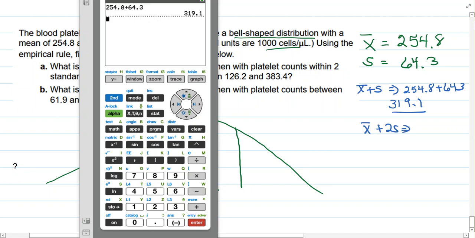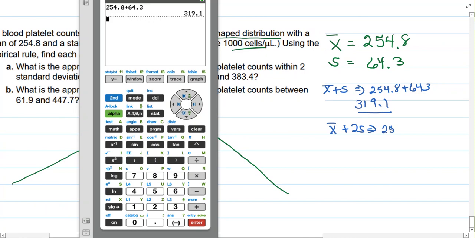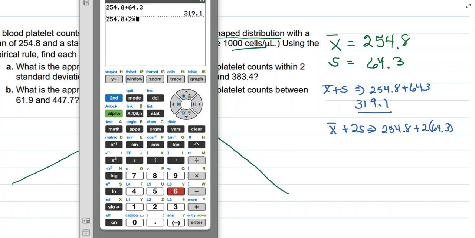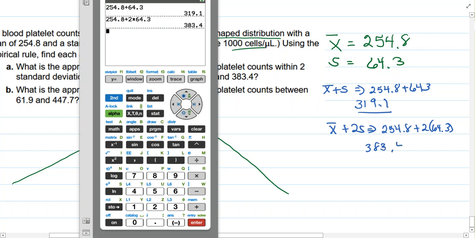So that's going to be 254.8 plus 2 times the 64.3. Making sure I've got it correct. I don't want to make a mistake on your notes. 383.4.